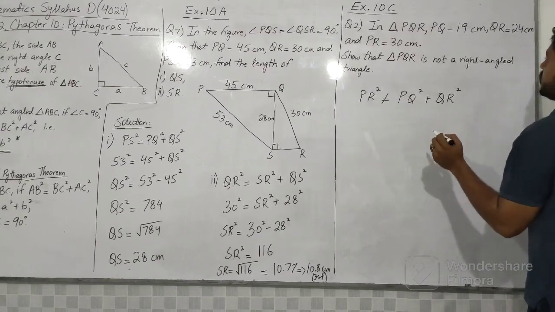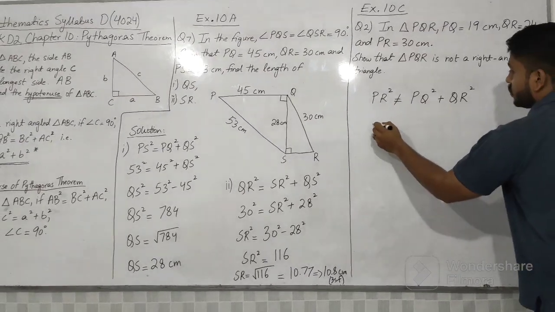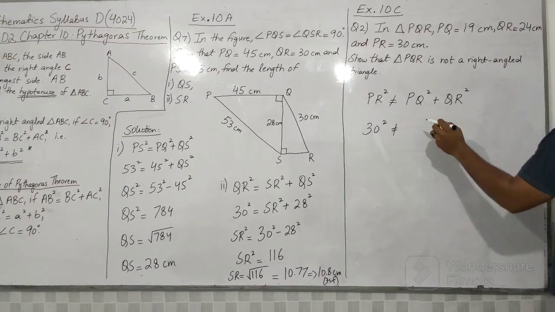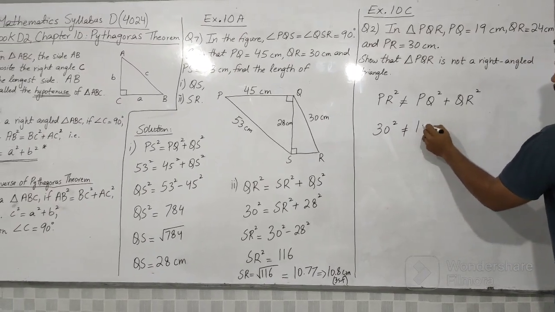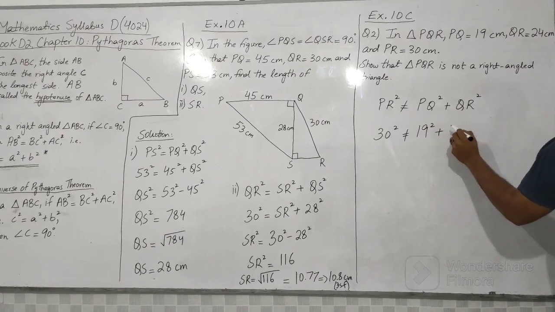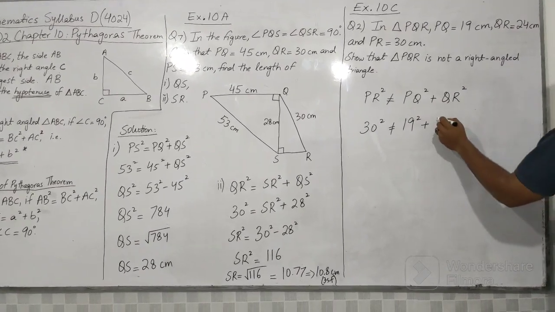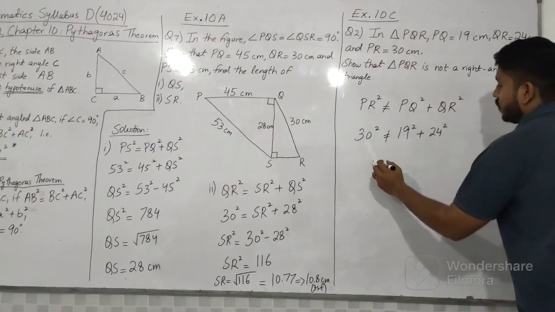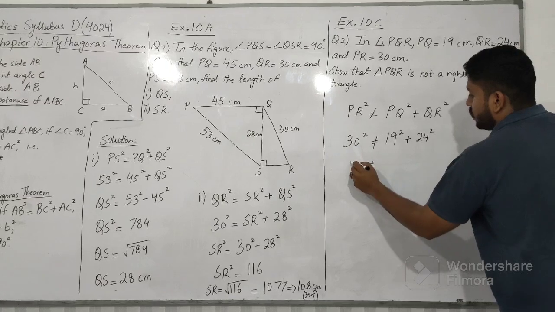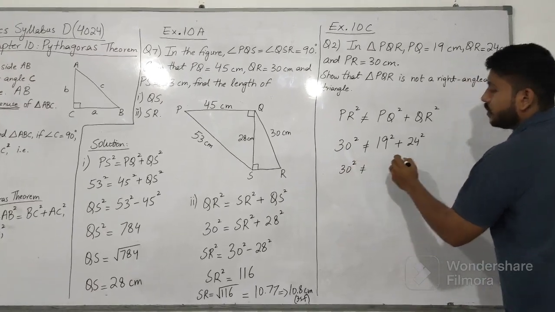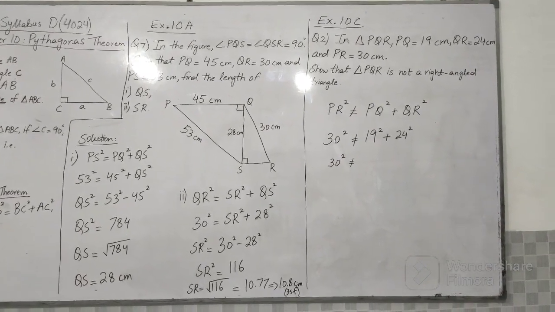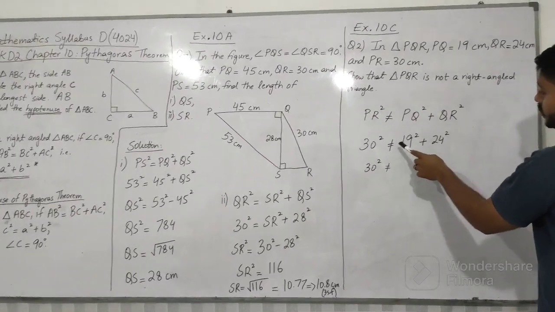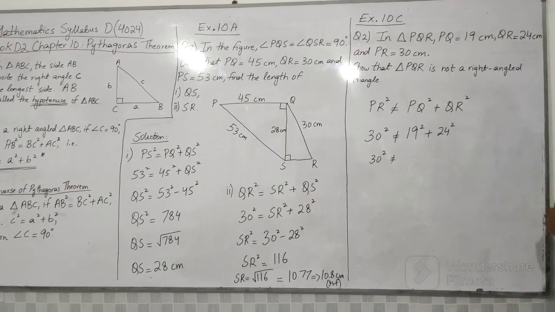So let's do the working here. 30 square, PQ square 19 centimeter. We are just substituting the values given in the question. So coming up to the next part, 30 square not equal to 19 square plus 24 square.